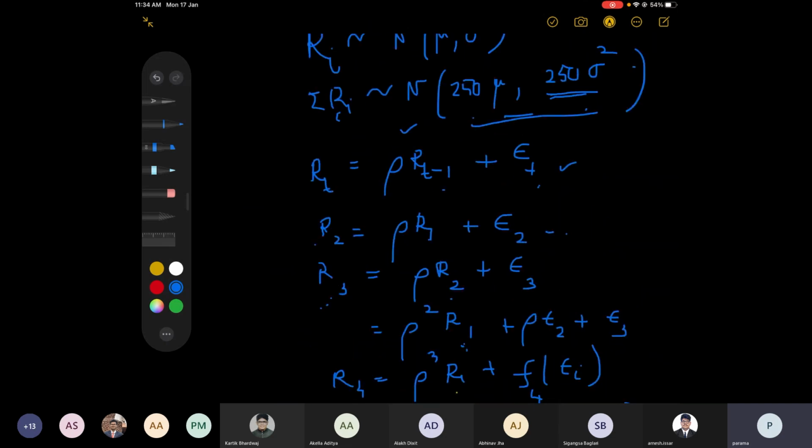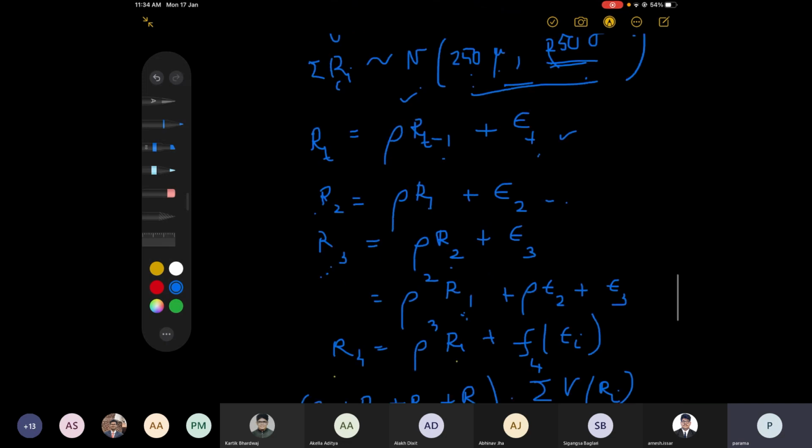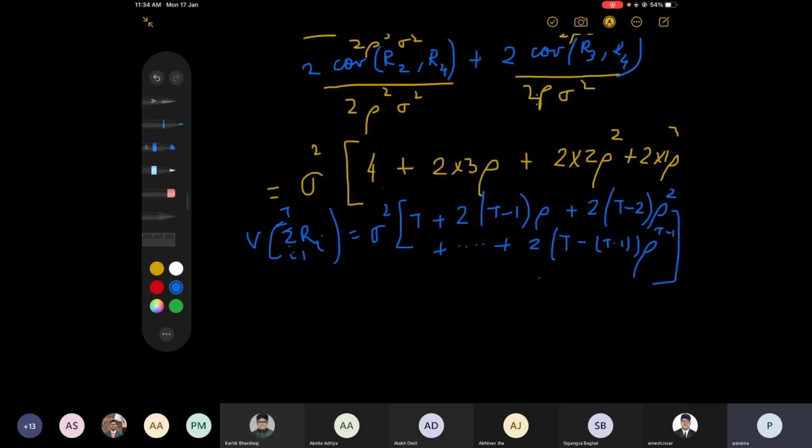So summation of Ri will follow T into mu plus sigma square into not T but a lot more other variables. Now this row need not be always positive. There can be mean reversion and all that. If the row is negative, then we will have negative, positive, negative, positive. This may actually even go down.